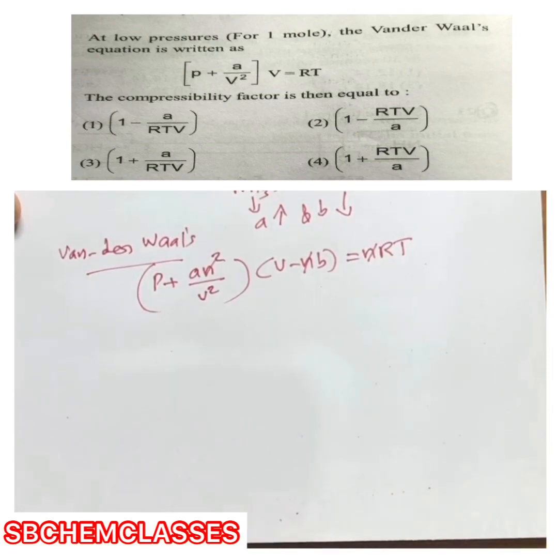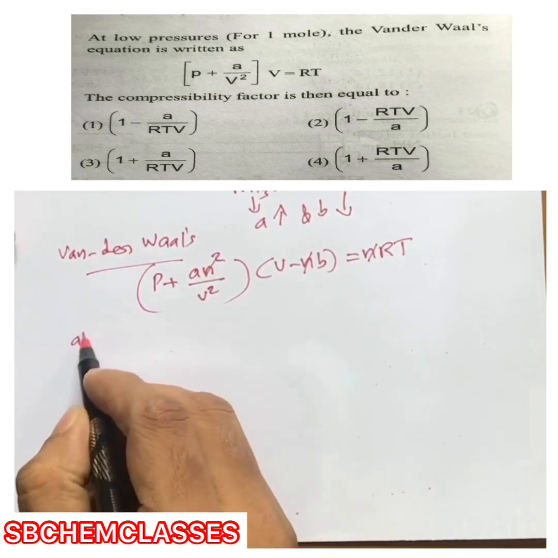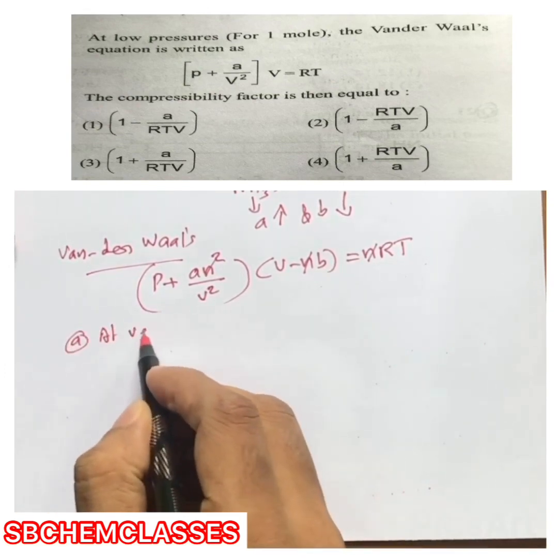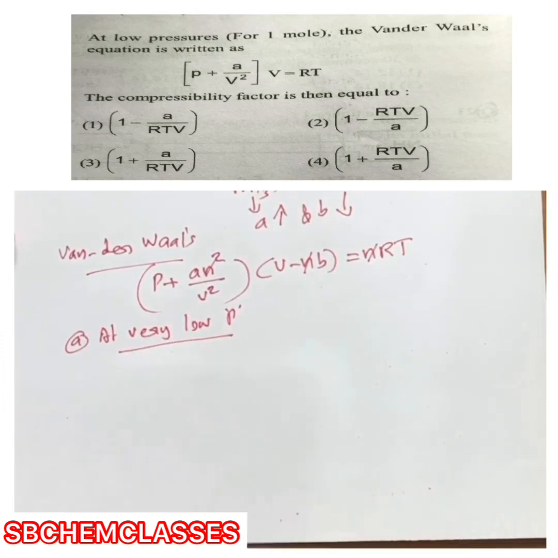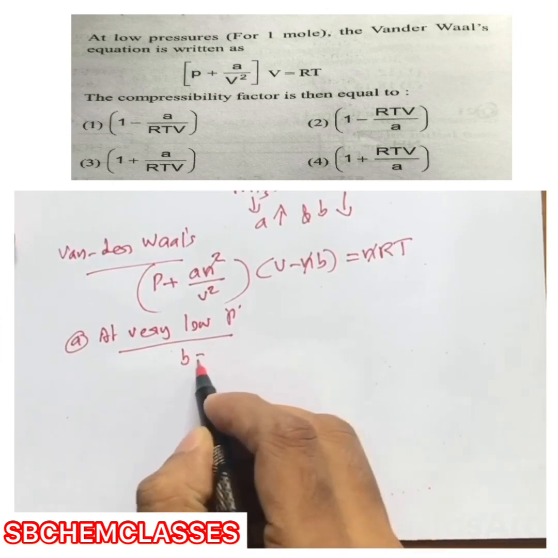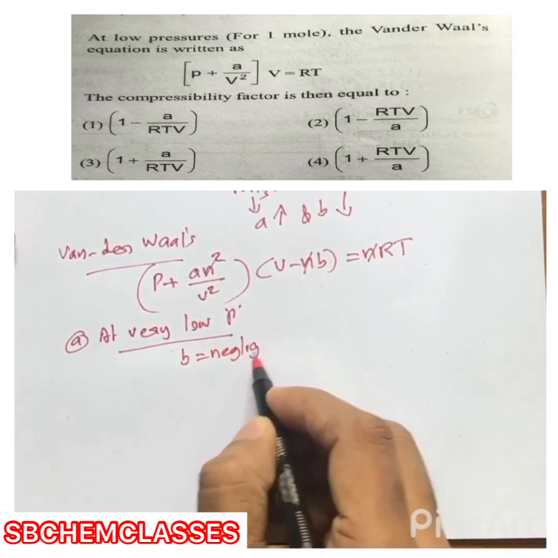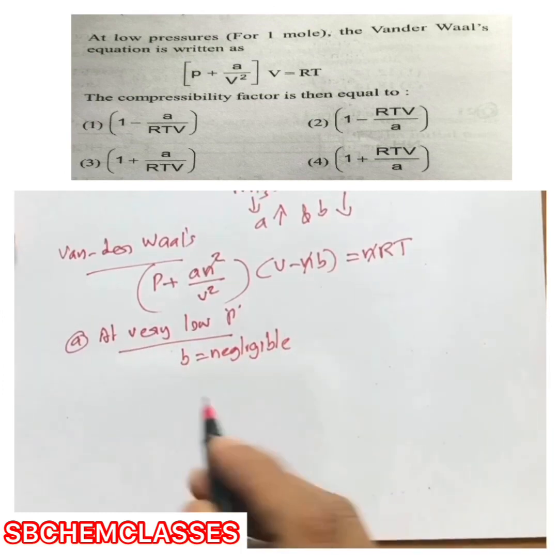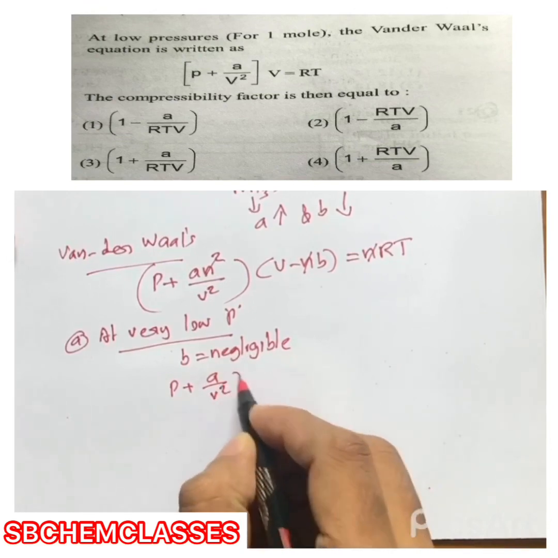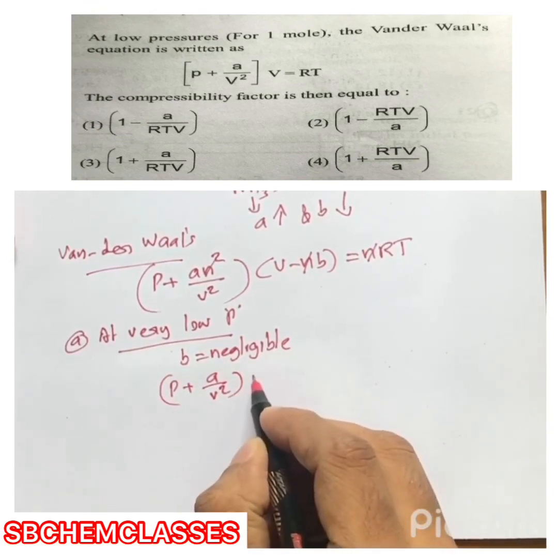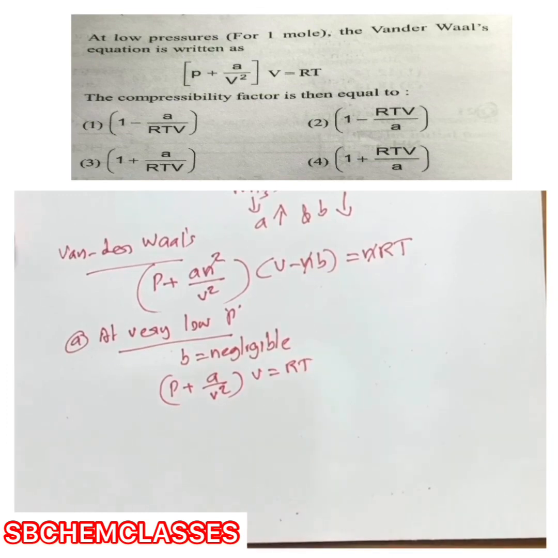This equation can be converted at different conditions. The first one is at very low pressure. If pressure is very low, this b is negligible. So this equation can be converted as (P + a/V²)V = RT.